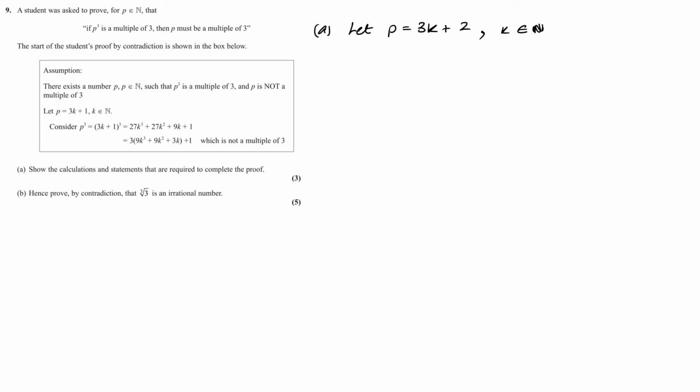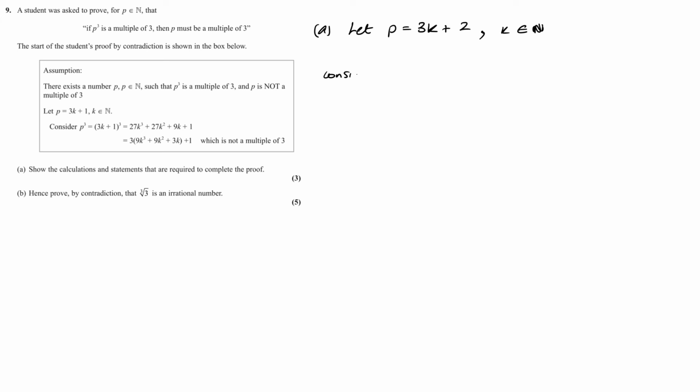So 3k plus 1 is not a multiple of 3, 3k plus 2 is not a multiple of 3. And if we had 3k plus 3, that would be a multiple of 3, wouldn't it? So this now will cover all of the remaining non-multiples of 3.